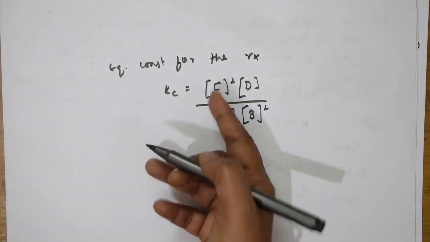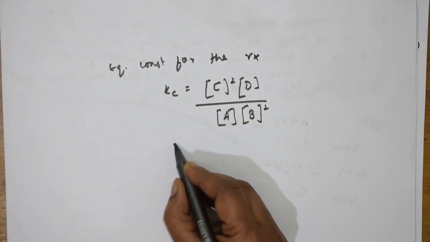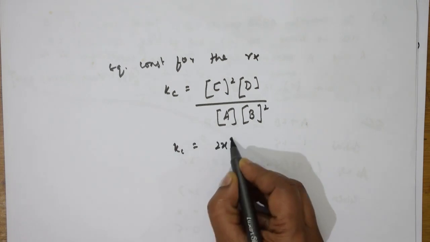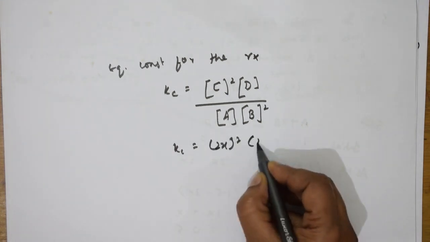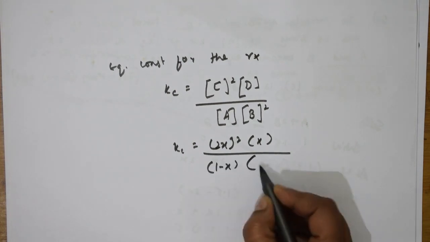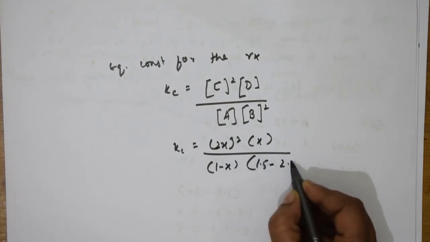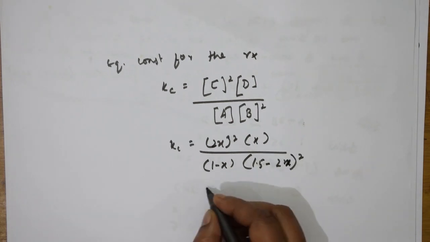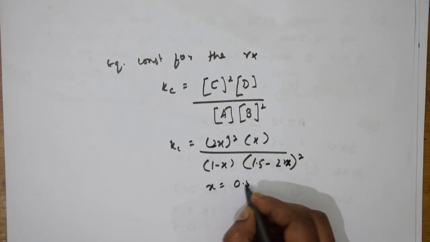B square. So Kc is equal to (2x) whole square, D is x, A is 1 minus x, B is 1.5 minus 2x, take whole square. This x is equal to 0.5. This is what we've got.